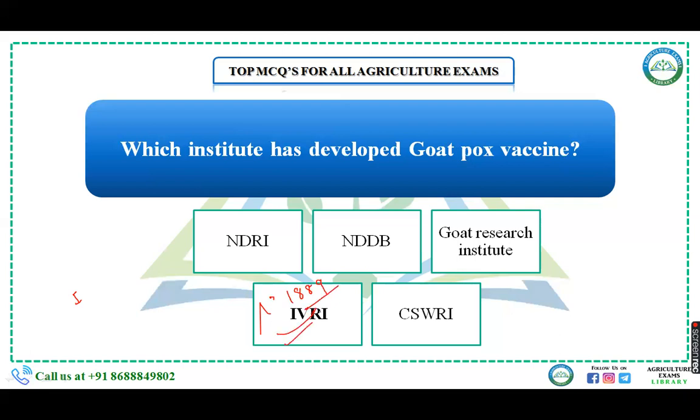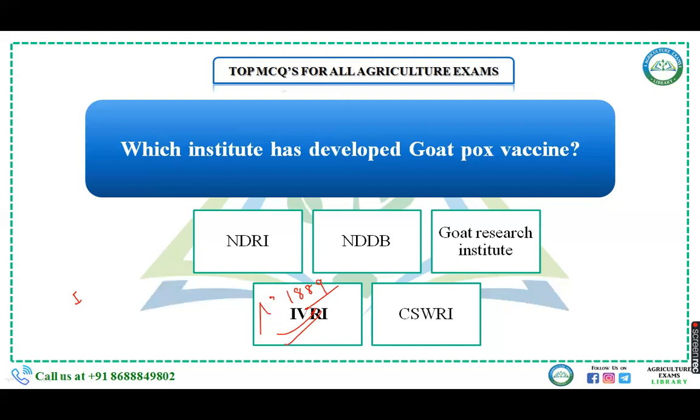Now similarly, the full form of NDRI is National Dairy Research Institute. It was established in 1923. At that time its name was Imperial Institute of Animal Husbandry and Dairying. Its name was changed after independence, that is after 1947, and it is in Karnal, Haryana.